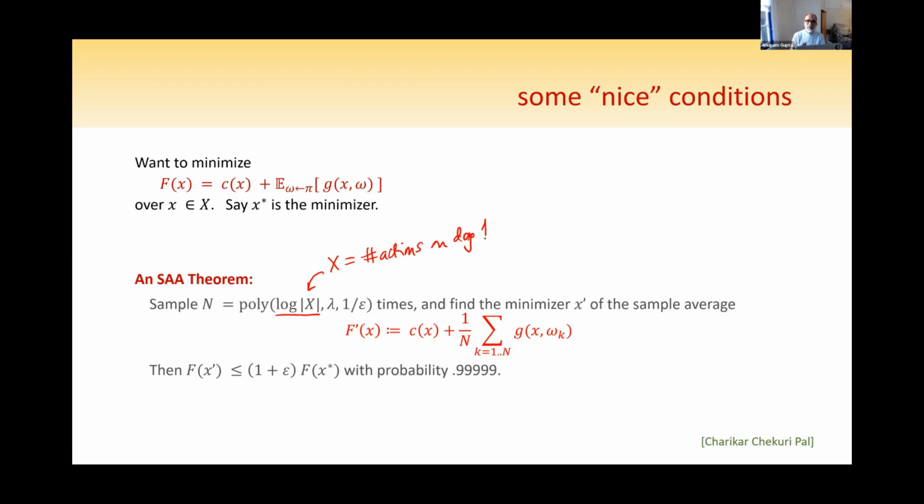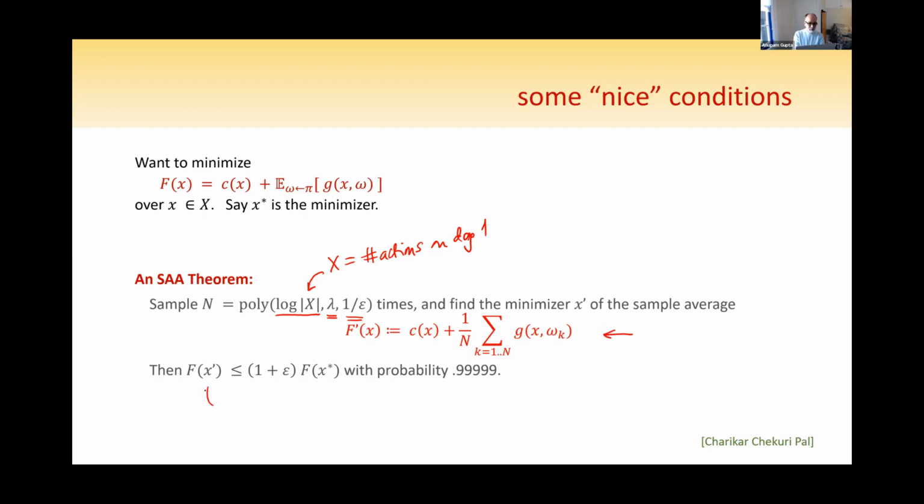So let's think of this like a vertex cover. This is like 2 to the n is the number of actions. So log of 2 to the n is n. Okay, that's not terrible. Lambda, the inflation parameter, and 1 over epsilon times. So you just sample so many times and construct this function f prime.